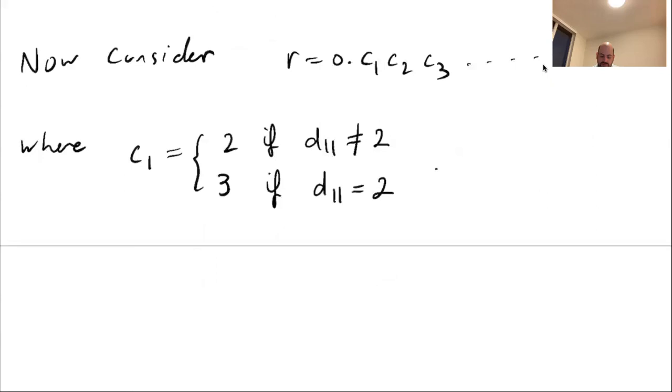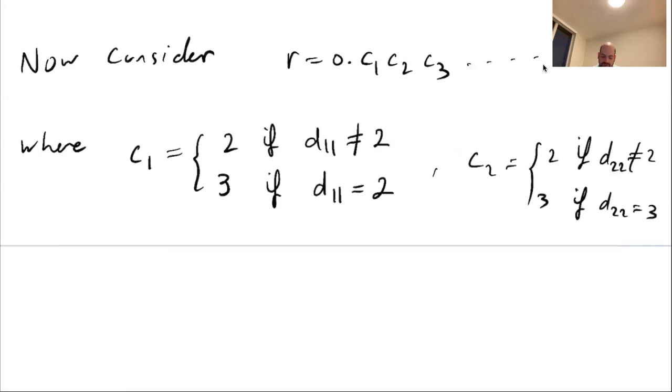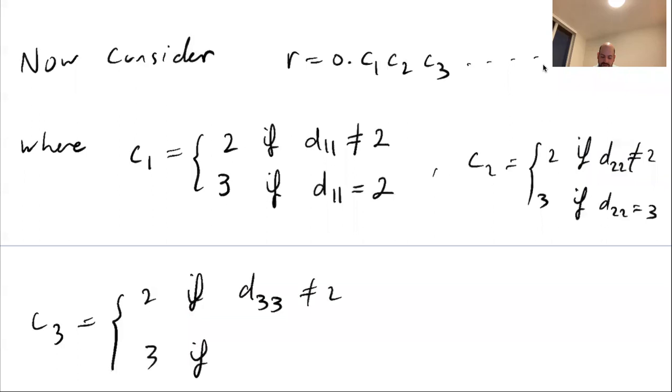Similarly, C2 is 2 if D22 is not equal to 2, and 3 if D22 equals 2. Similarly, C3 equals 2 if D33 is not equal to 2, and 3 if D33 equals 2, and so on.